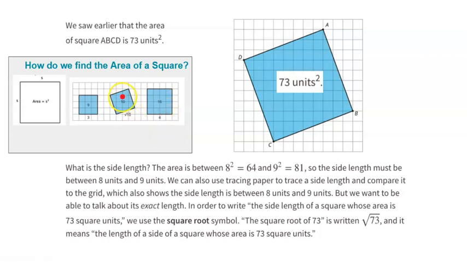Now, if we have a square with an area of 10, we should reason that the square root of 10, or the side length of the square, should be somewhere between 3 and 4, because the area itself, 10, is between 9 and 16.